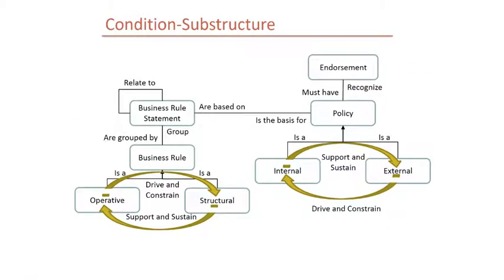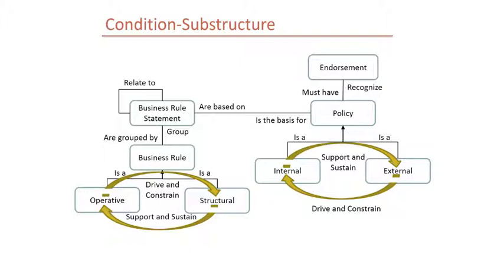The substructure for a condition looks like this. So let's start with the top part of a condition, and that would be a policy. So policies must have endorsements. So somebody out there must say, yes, I endorse this policy and all the conditions that will be made from it.